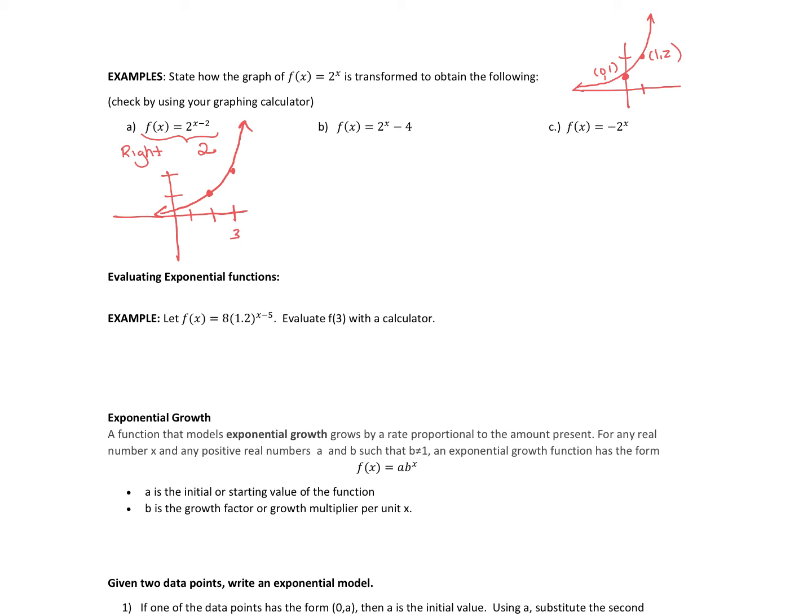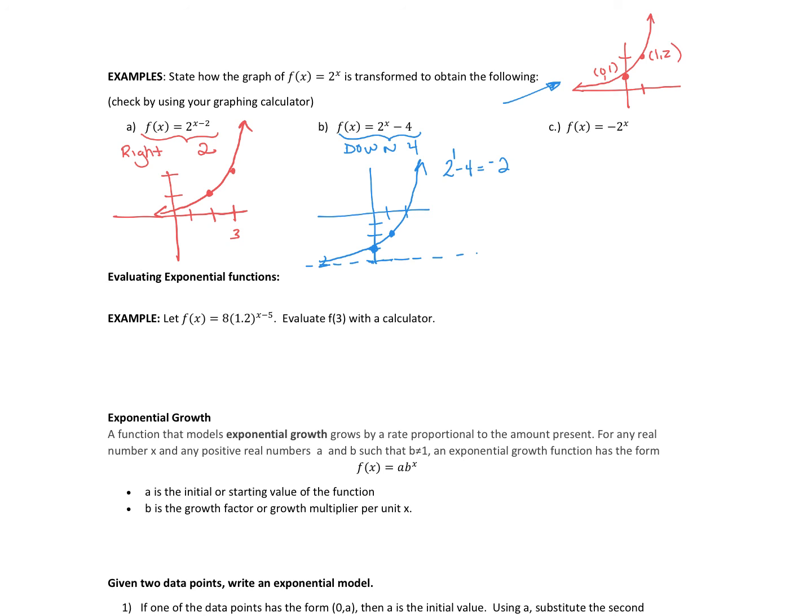In the next example, we have the same 2 to the x that we drew up here, only we're going to shift it down 4. So now our asymptote gets shifted as well. And so we're going to have the points 0, -3, and 1, -2. So 2 to the 1 minus 4 is -2, and we know that it's increasing still.